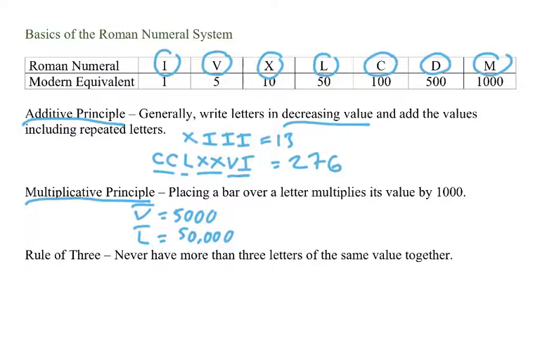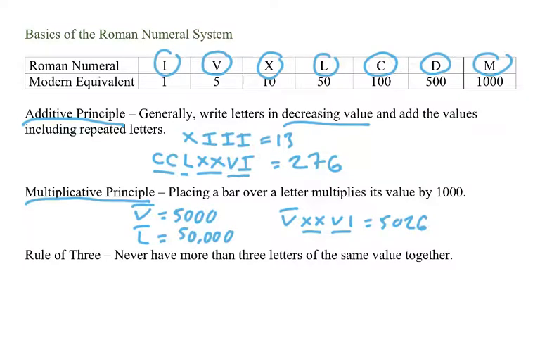So that can be used to represent very large numbers. And then you could have numbers like this. If I had V bar, XXVI, let's say, V bar is 5,000, and then you have two X's representing 20, and then a V and an I representing 6, so 5,026 would be that number.